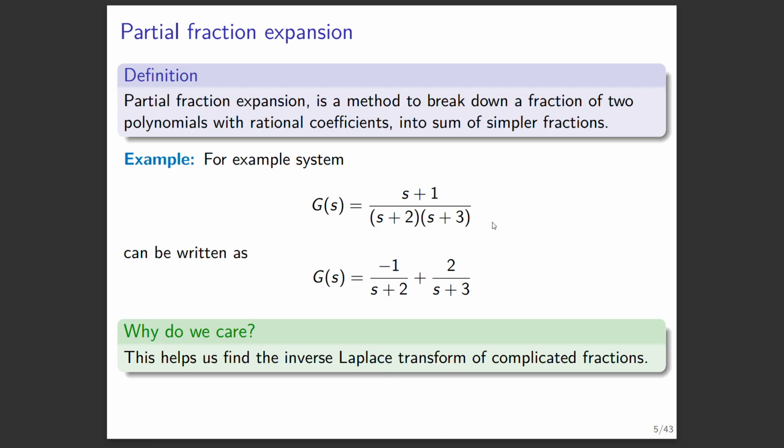So we can't just directly find the inverse Laplace transform of this fraction from the table. We have to break it down into simpler terms like this. Then we can find the inverse Laplace transform of G by taking the inverse Laplace transform of the first piece, the second piece, and then add them up.